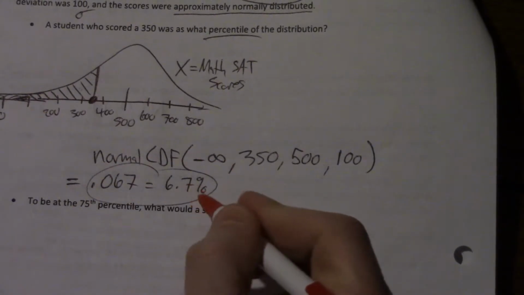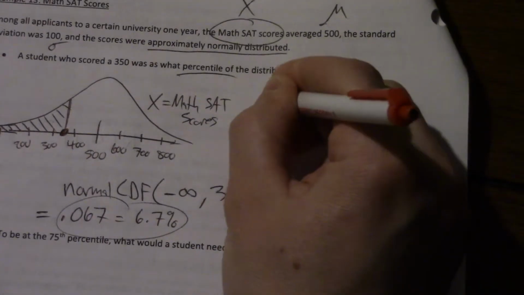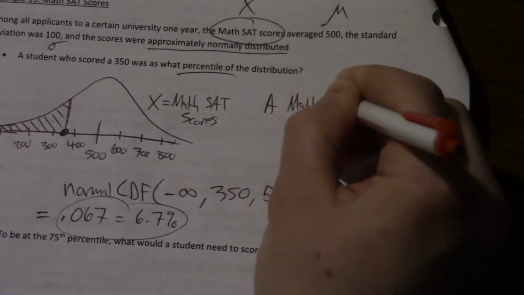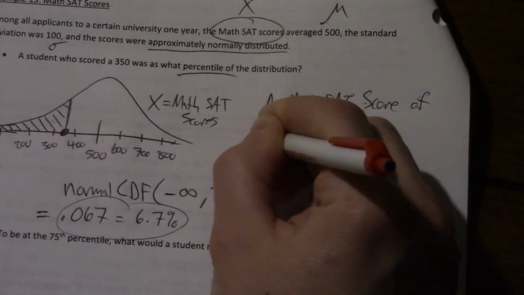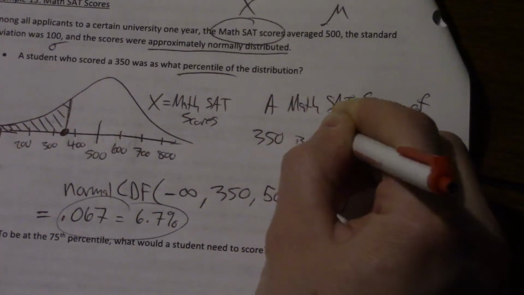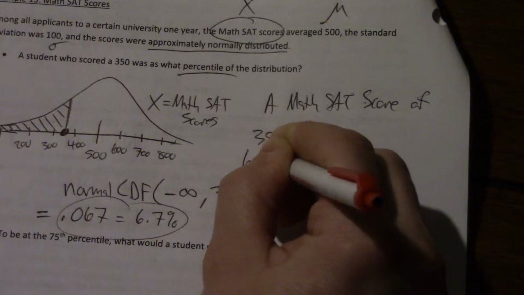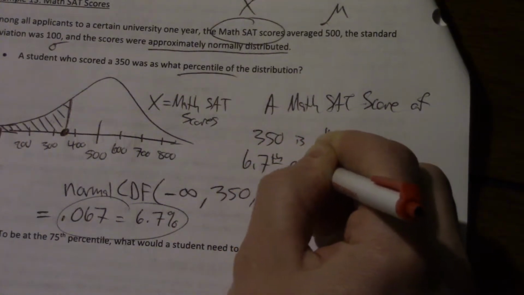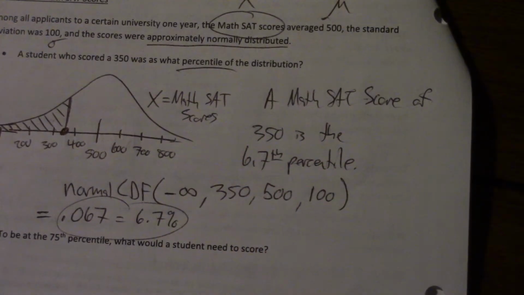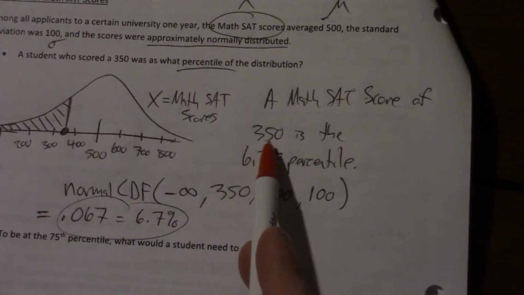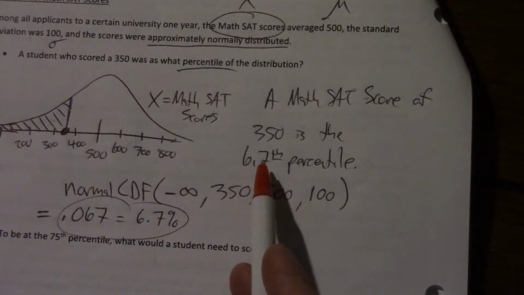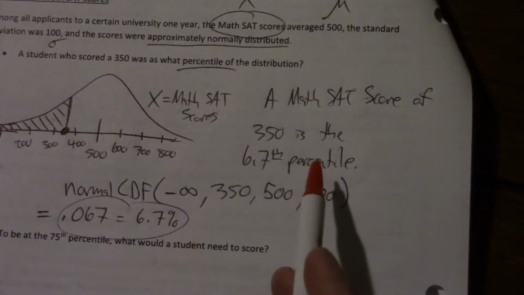Okay, so that's the answer, and what this means is a math SAT score of 350 is the 6.7th percentile. Not a very good score. If you got a 350, you did better than about 7% of people. So 93% of people roughly did better than you. Not very good.